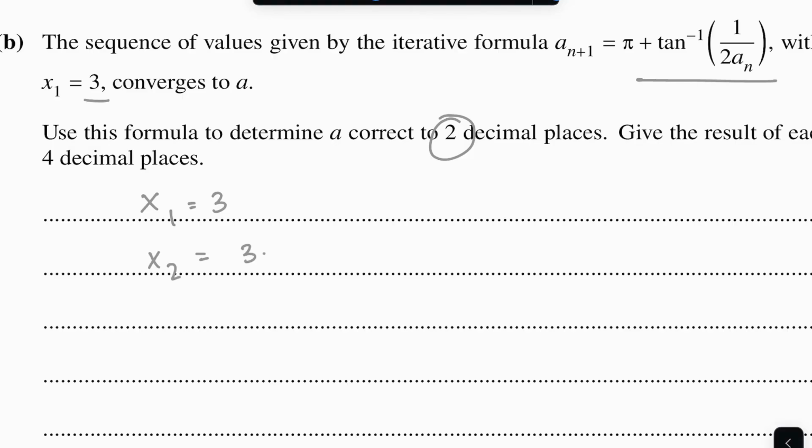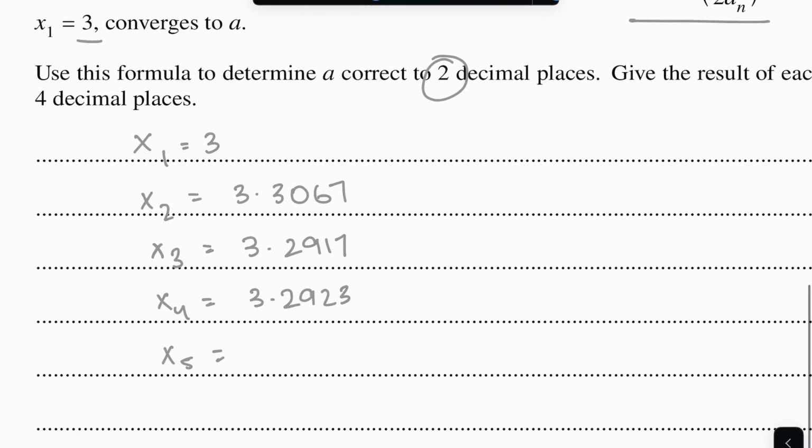So if we just use the calculator, our second value is coming out to be 3.3067. Our third value, if you click answer again, is 3.2917. And our fourth value should be 3.2923. Our fifth value is coming out to be 3.2923 as well.